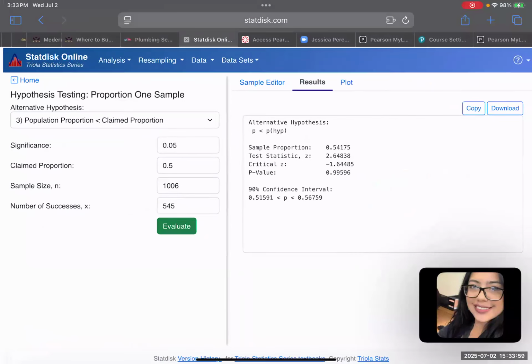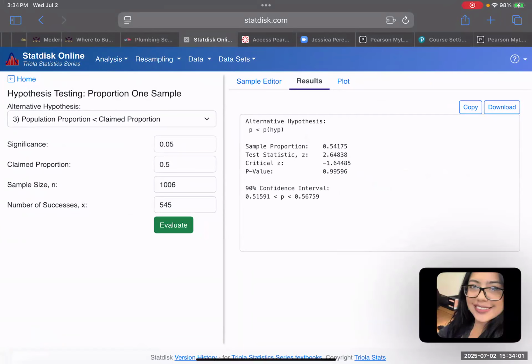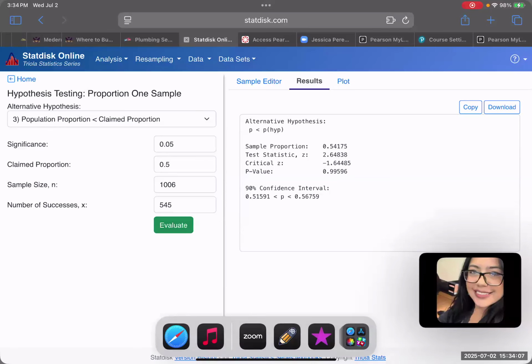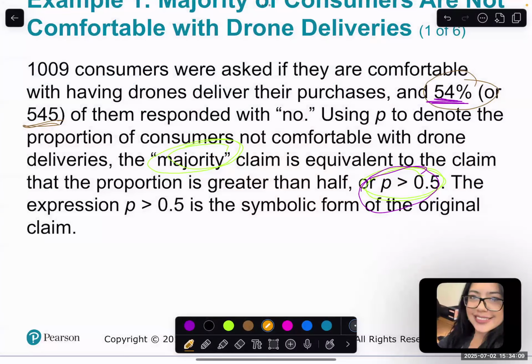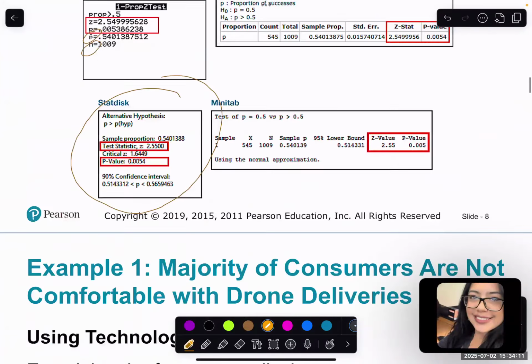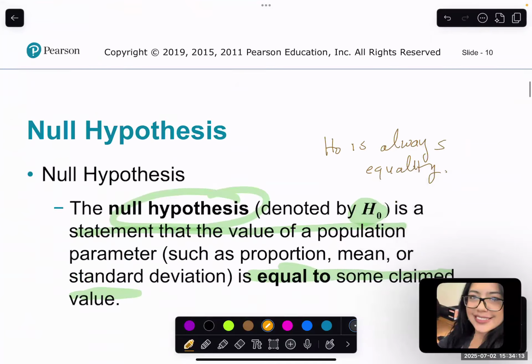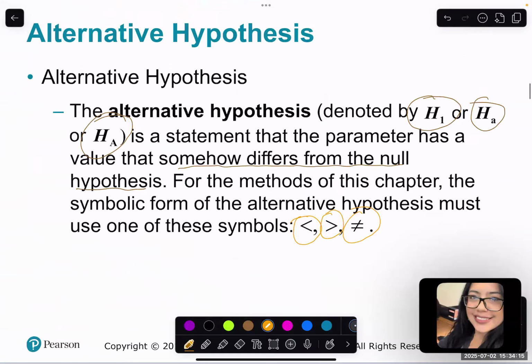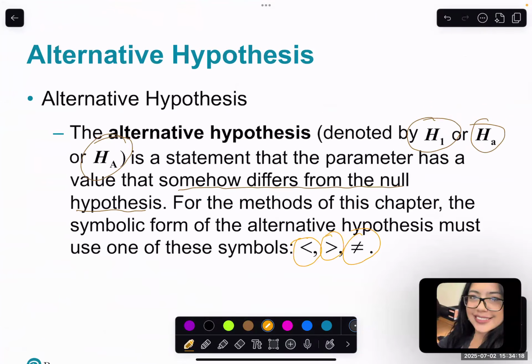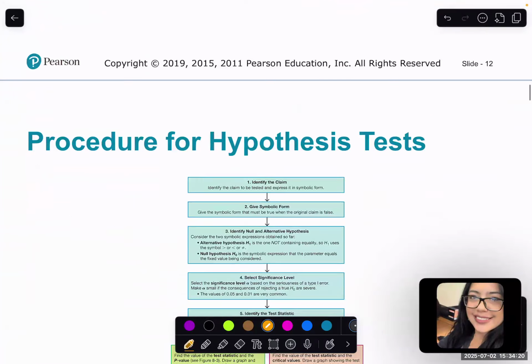This is using StatDisk: in our alternative hypothesis on the top, the significance level, the claim proportion, the sample size, and the number of successes. That would be for the alternative hypothesis because it's less than, greater than, or not equal to.